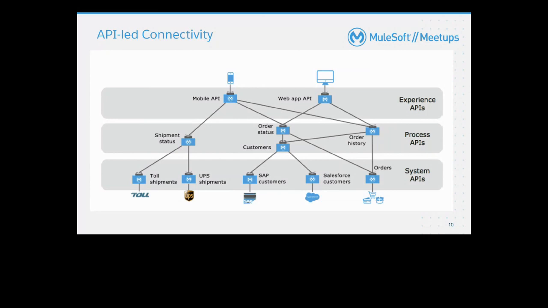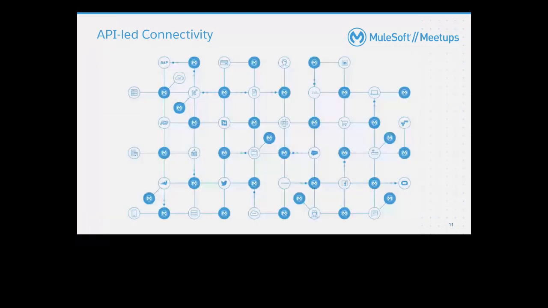But let's say in the future, you expand your APIs by adding a couple of experience, process, or even system APIs to your existing application. With that being said, APIs will become more complex to maintain and monitor.